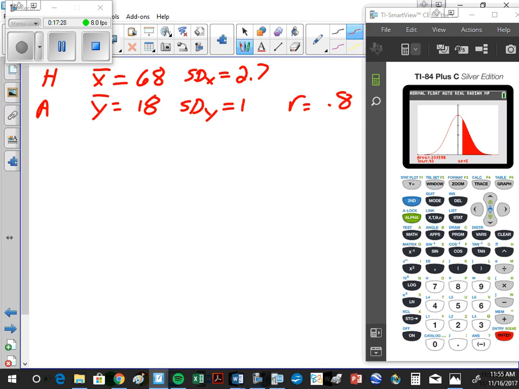Can you determine somebody's height from the length of their forearm? Pretty close, 0.8. That is a very high correlation coefficient. You just measure their forearm length and then you find the equation, right? The slope of the regression line. You would plug the forearm length in for the y value and solve for x.